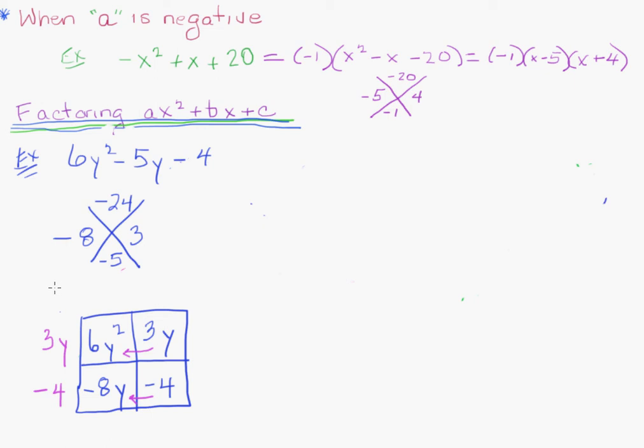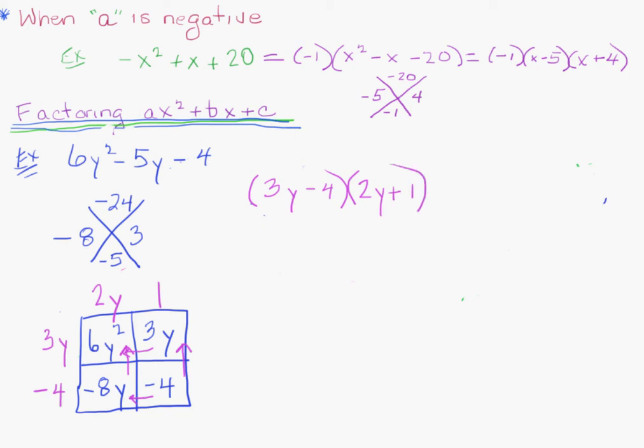And now we're going to go vertically, and the greatest common factor between 6y squared and negative 8y would be 2y. And between negative 3y and negative 4 would just be positive 1. So hopefully we have gotten the correct factorization. It would be 3y minus 4 times 2y plus 1.